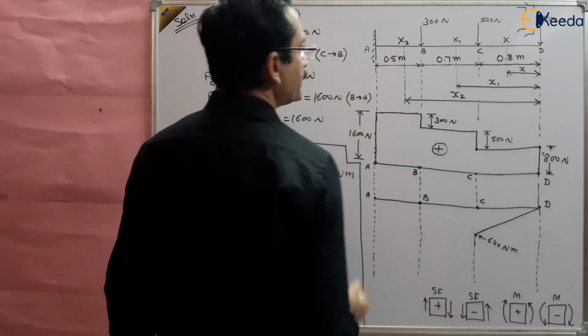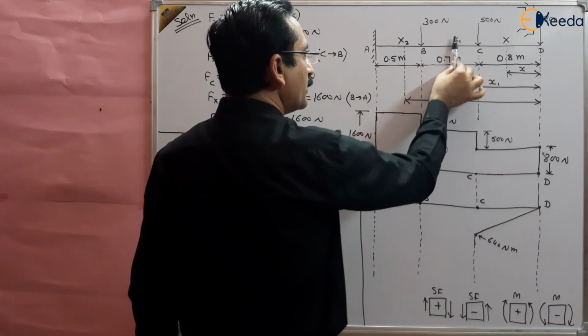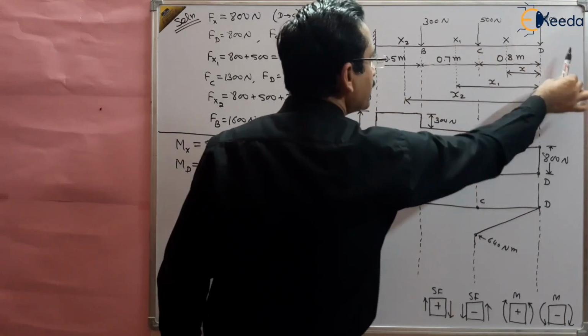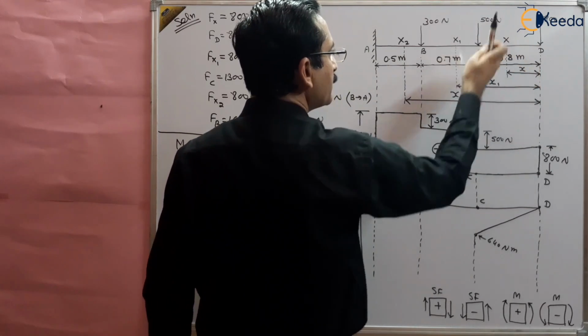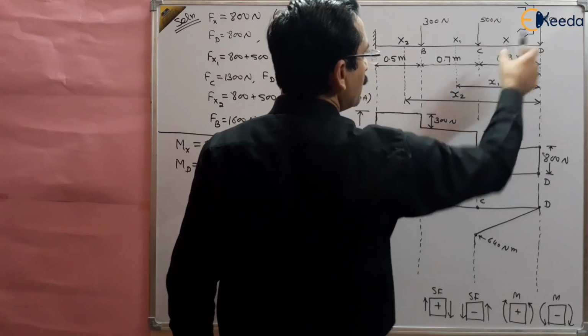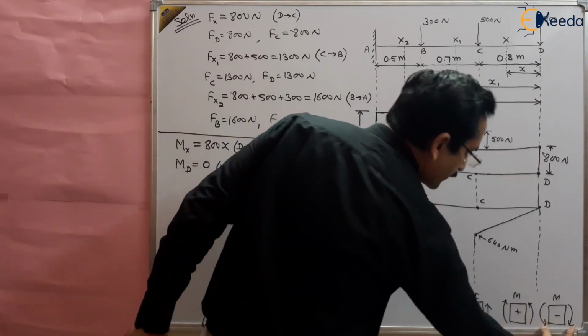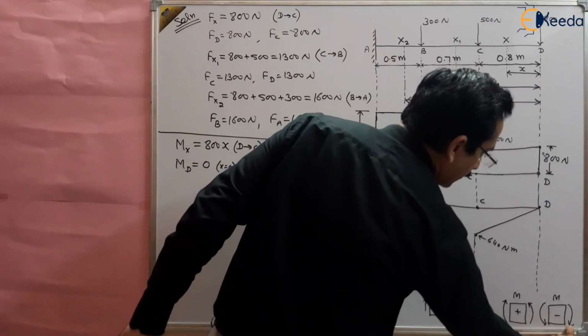Now C to B. We have taken this section x1. What is the moment at this section? Algebraic sum of all the forces. Two forces are there, 500 multiplied by perpendicular distance, 800 multiplied by perpendicular distance. Both are clockwise at the right, means negative, right?